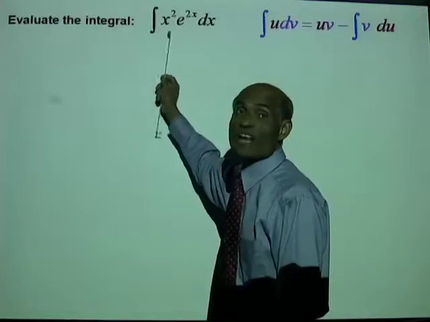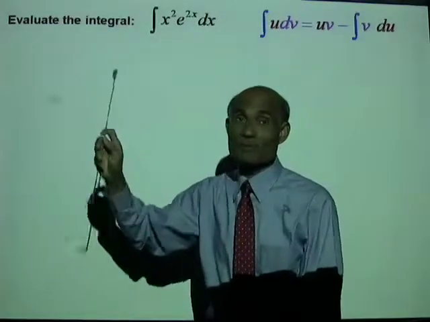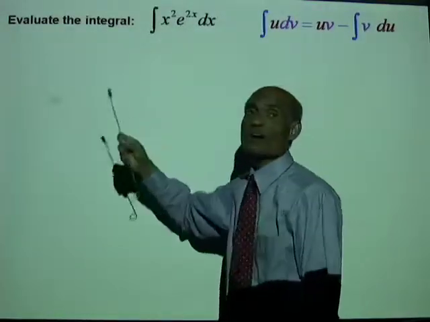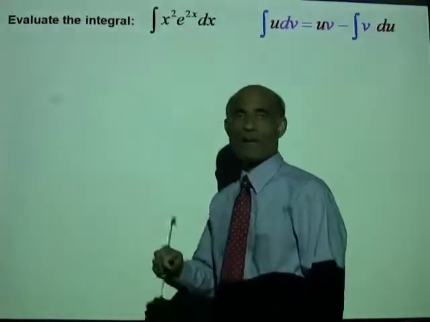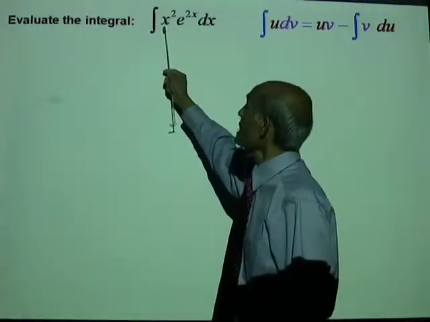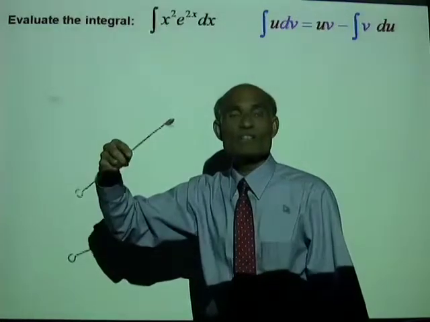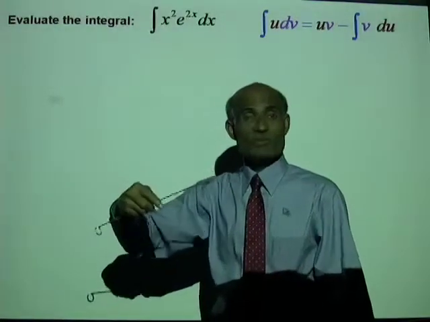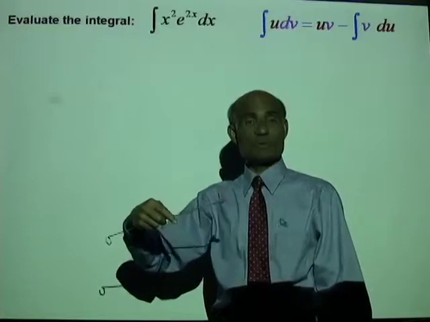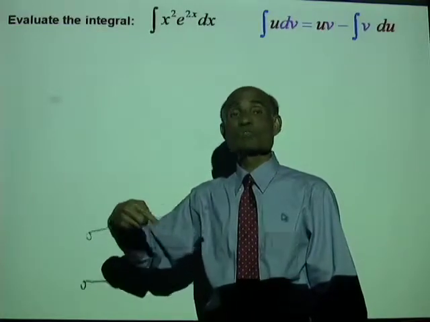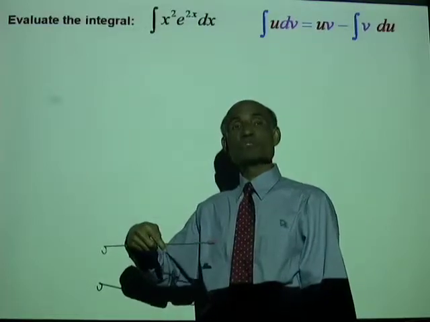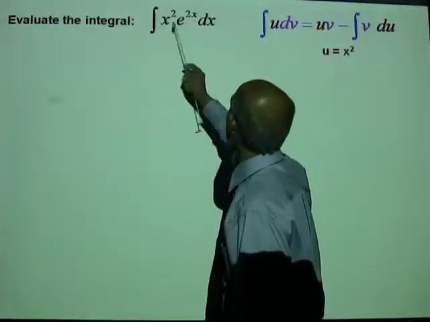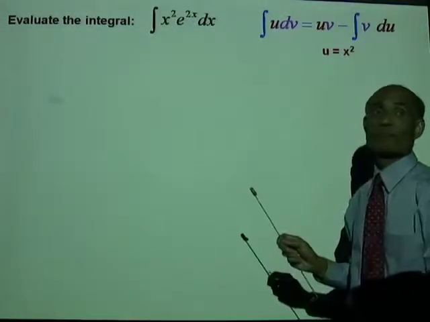In expressions like this, not every time, but expressions like this, I will explain the meaning of that a little while after. You can see if you take the derivative of x squared, it is 2x. The derivative of 2x is 2. The derivative of 2 is 0. Continuous differentiation leads you to 0. So your u is x squared.